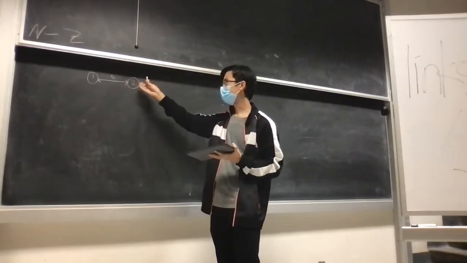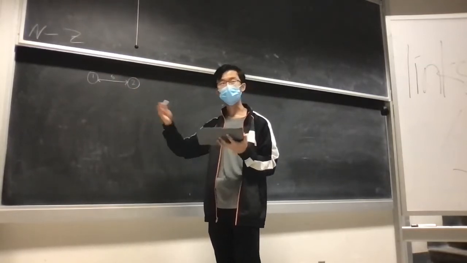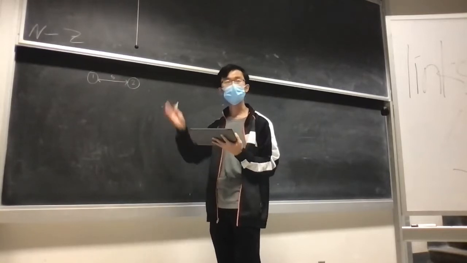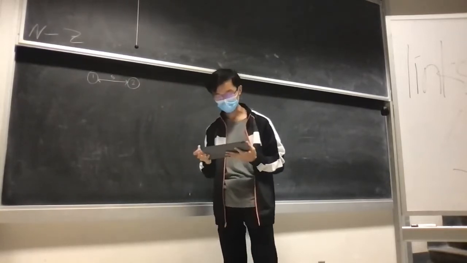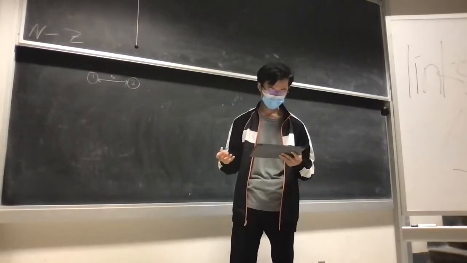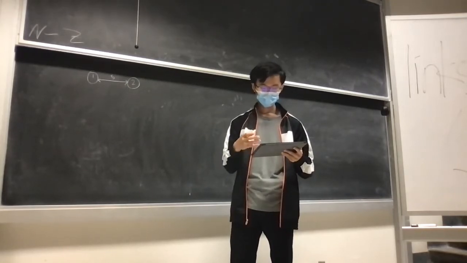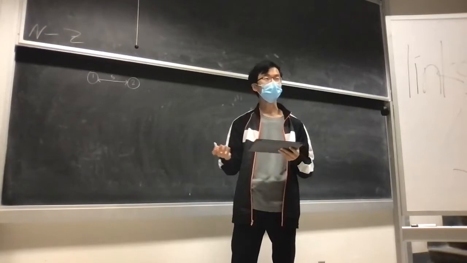But since drawing 2 arrows is more annoying, you can just not draw an arrow, and that just implies that it's undirected, which means you can go either way on the edge. And then you can take a look at the pictures, which should help with your understanding of what a directed graph and an undirected graph is.